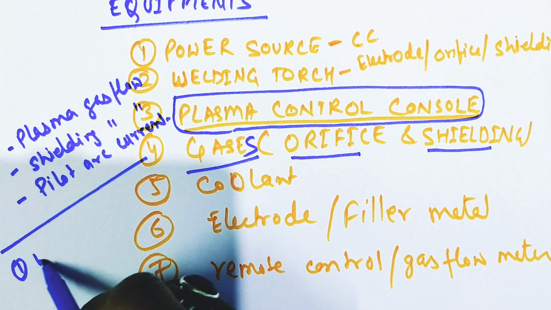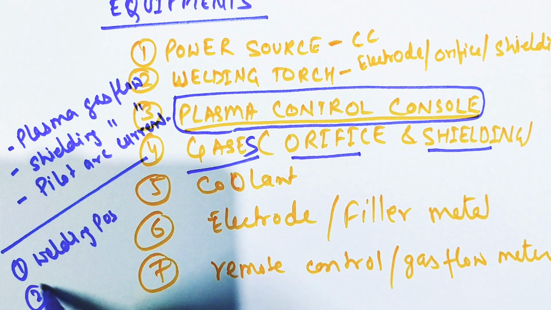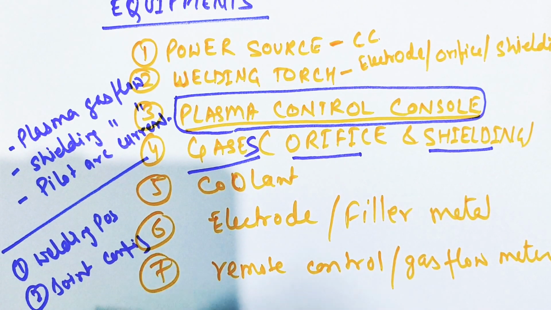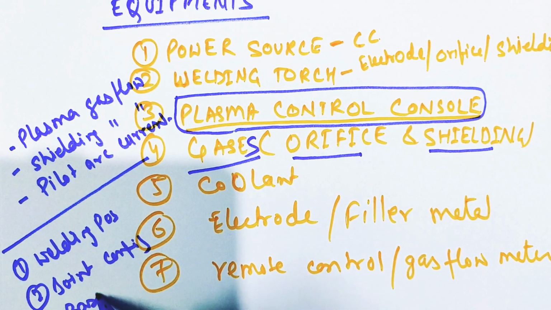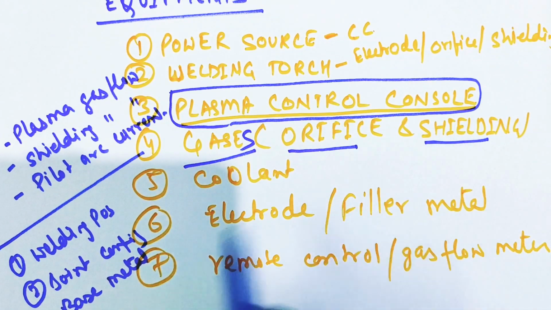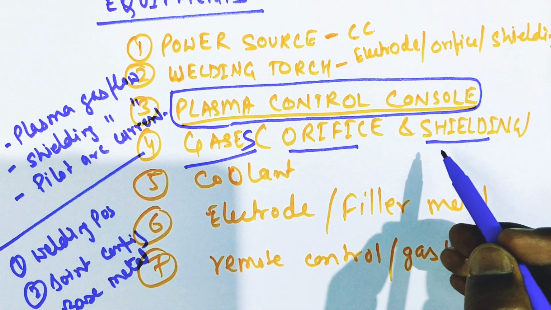First one is welding position. Second one is joint configuration, and the third one is base metal. So these three terms are very important in selecting the orifice gas and shielding gas.